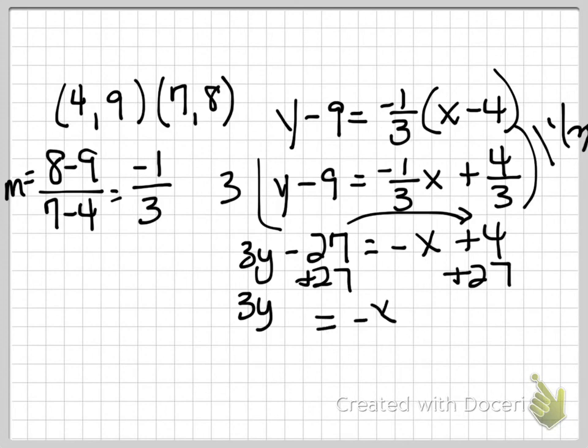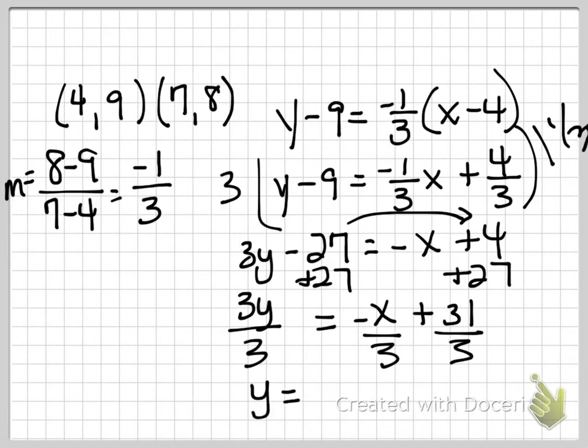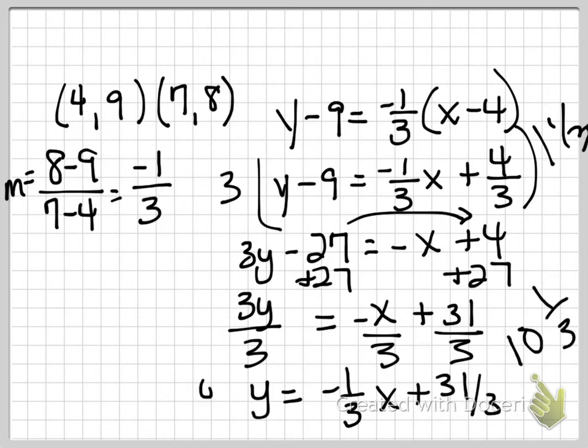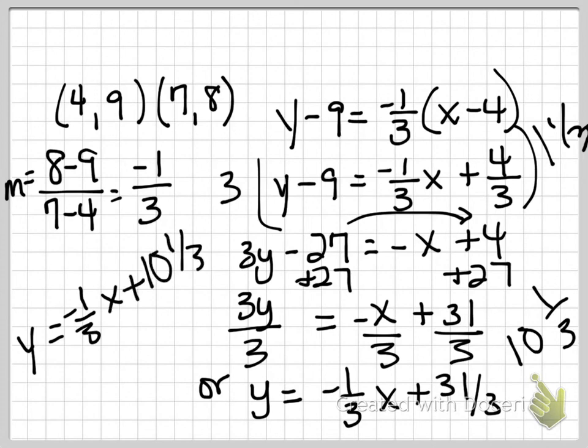And so 3y equals negative x plus 31. Divide through everything by 3. And so y equals negative 1/3 x plus 31 over 3, which 31 over 3 is the same as 10 and 1/3. So you can write it y equals negative 1/3 x plus 10 and 1/3.